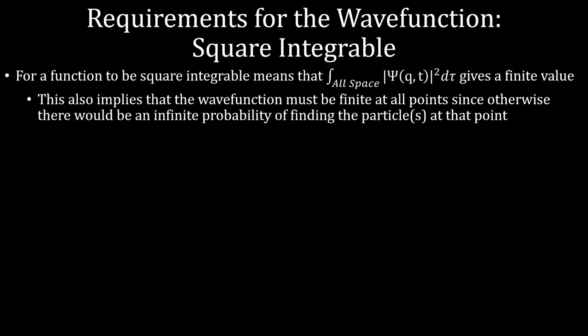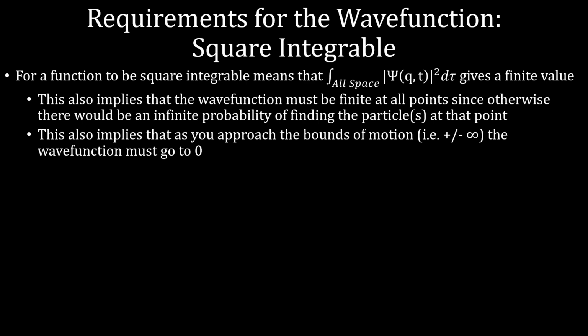This would imply that the wave function must be finite at all points as well, since if the wave function goes to infinity anywhere, that would imply an infinite probability of being found at that point, and again, that doesn't quite make sense. But it would also imply that as we approach the bounds of motion, which is just a fancy term for plus or minus infinity, or as far out as the particle could possibly go, the wave function must go to 0.